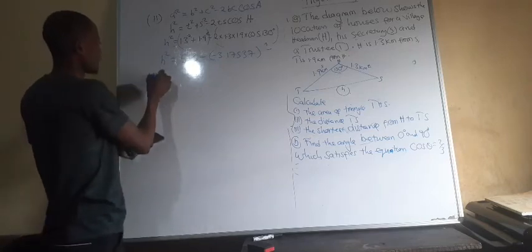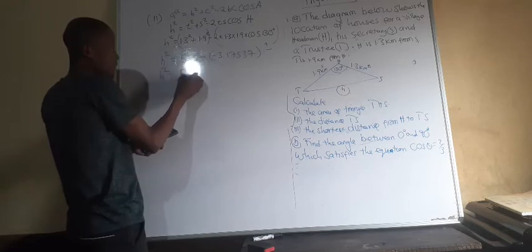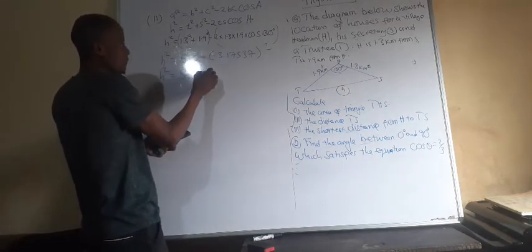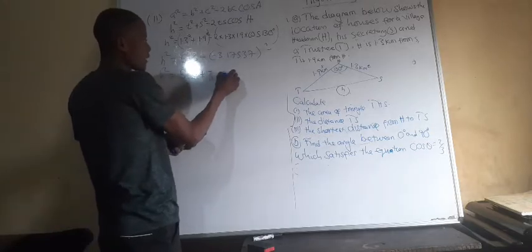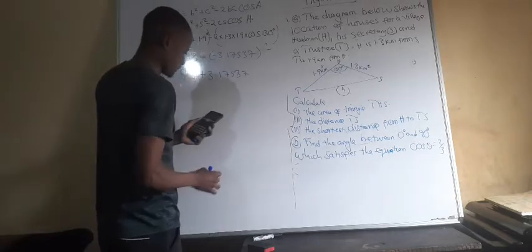Then you say H squared is equal to 5.3. You can't have two signs, so negative times negative is a positive 3.17537.